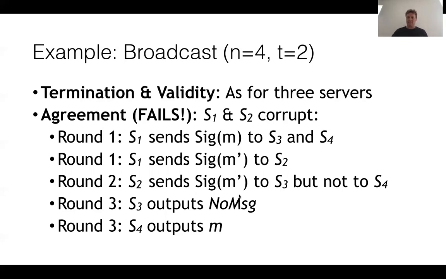They'll just get 1 signed message, and that's what they will forward to each other. So that means if nothing else happened, S3 and S4 would now output M. They have seen a single signed message. But then S1 will sign another message, M prime, and forward it to its cheating accomplice there, S2. And then S2 will forward this signed M prime to S3, but not S4.